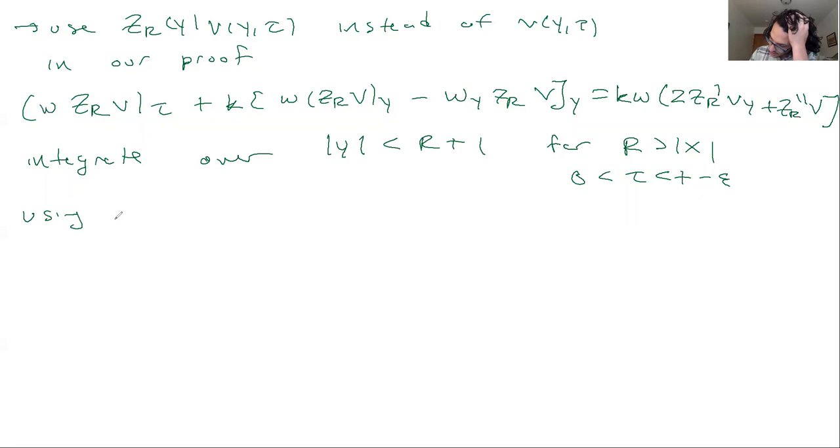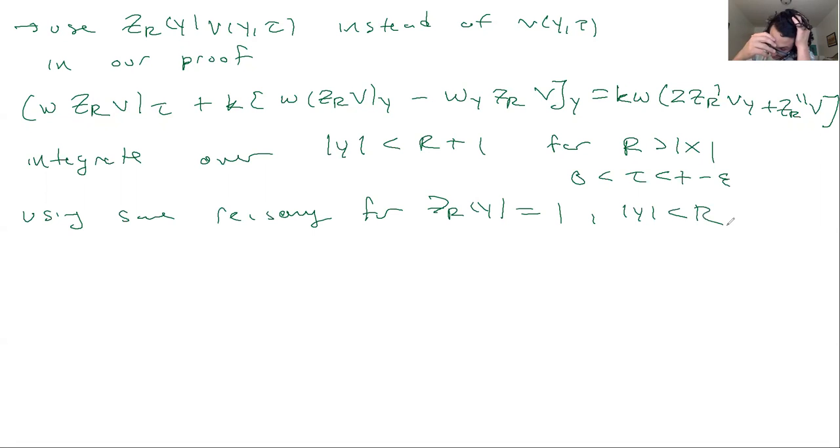And then using the same reasoning for Z sub R of Y equal to 1, as long as Y is less than R. And we know that in this range, Zr prime and Zr prime prime are equal to 0, right?